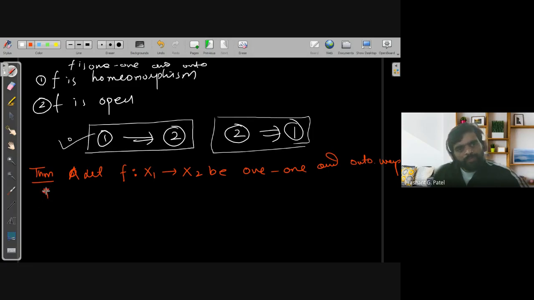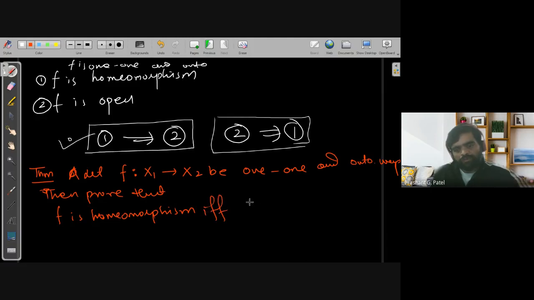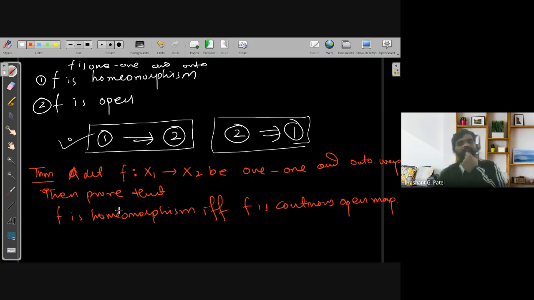Then prove that f is a homeomorphism if and only if f is a continuous open map. So if it is continuous plus open, then it will be a homeomorphism.